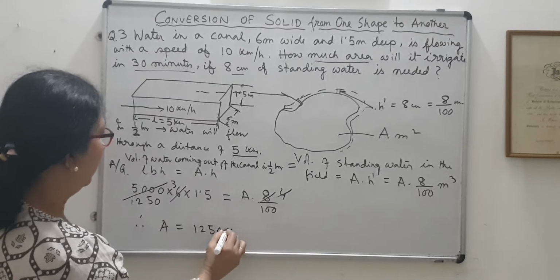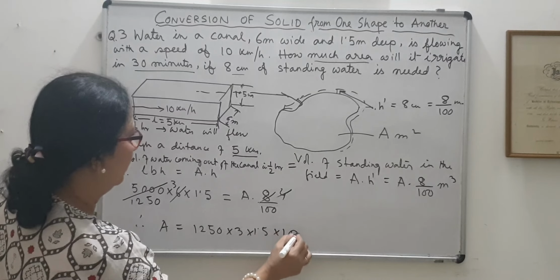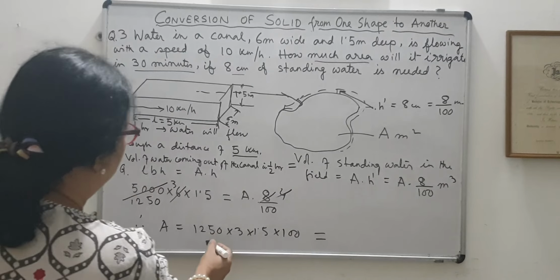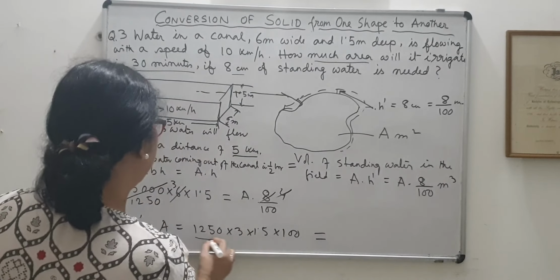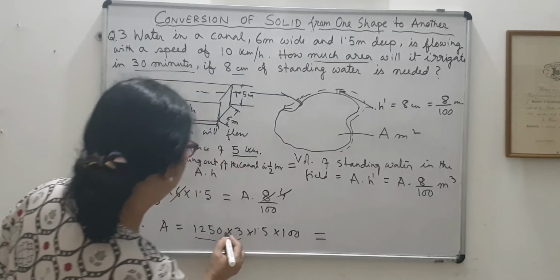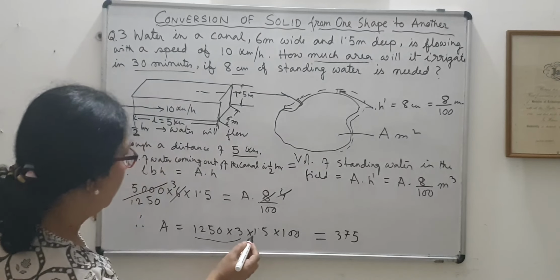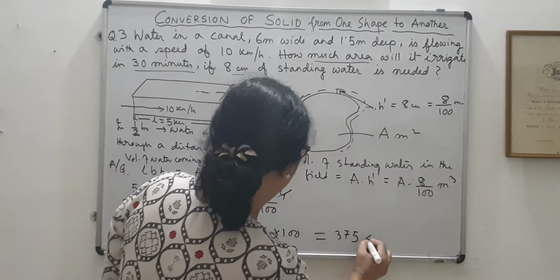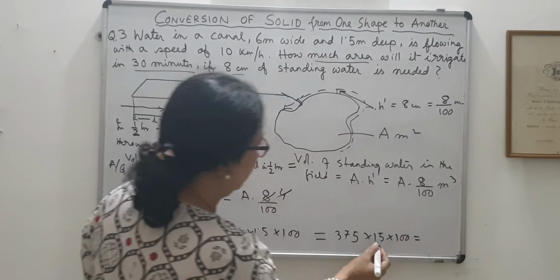1250 into 3 into 1.5 into 100. And if I do the calculations, very easy, multiply this by 3. We first multiply this group, 375, and this 0 will go with this, so it is 375 into 15 into 100. This is very easy multiplication.